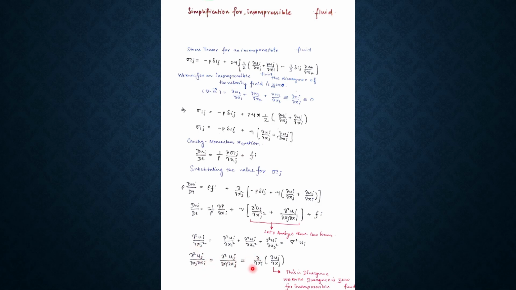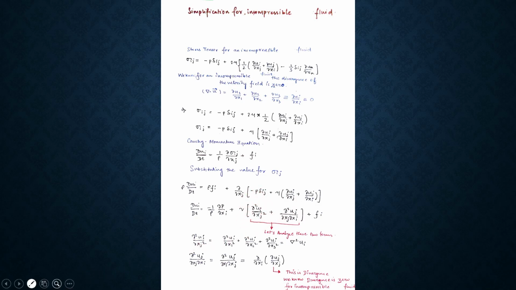Now this can be written as del by del x_i of del u_j by del x_j. Now this is the divergence term, and divergence is equal to 0 for an incompressible fluid. So this gets to 0, and hence this term gets to 0. Now the only term that gets left behind is this.